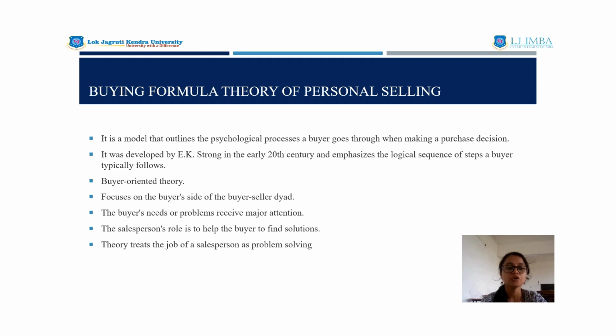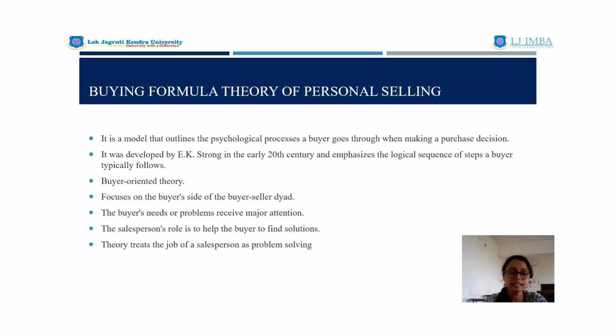But here we are focusing on the needs and the problems of the buyer. So this is a buyer oriented theory which focuses on the buyer side of buyer-seller dynamics.